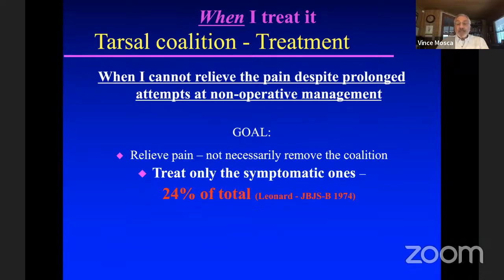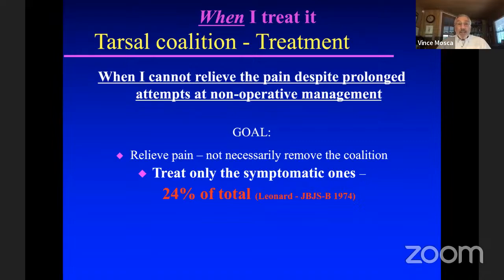because of this classic study by Leonard in 1974. And nobody's ever refuted this. He found that only 24% of affected individuals, those who have tarsal coalitions, only 24%, 1 out of 4, had pain. And not just among adolescents, but in an individual's lifetime, an individual who has a tarsal coalition, in that person's lifetime, there's only about a 24% chance that there will be pain.